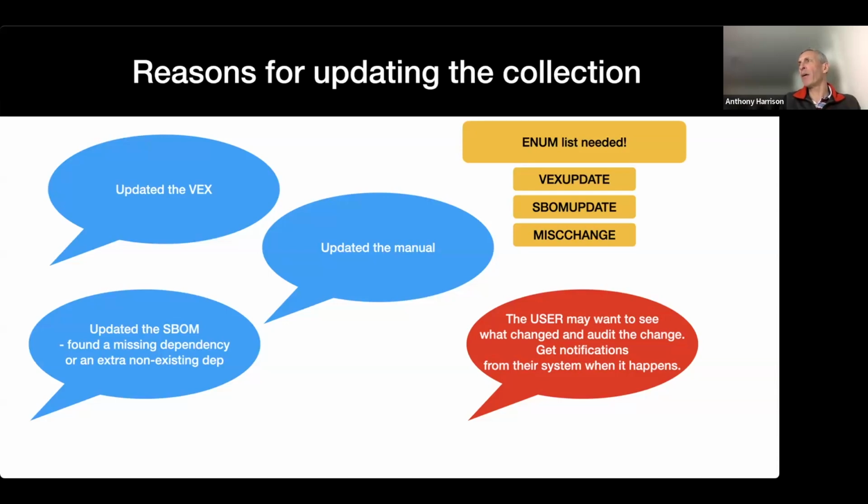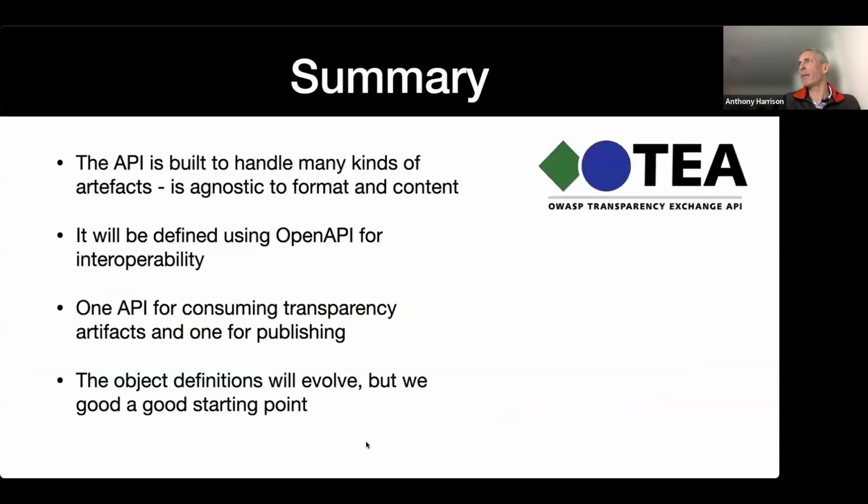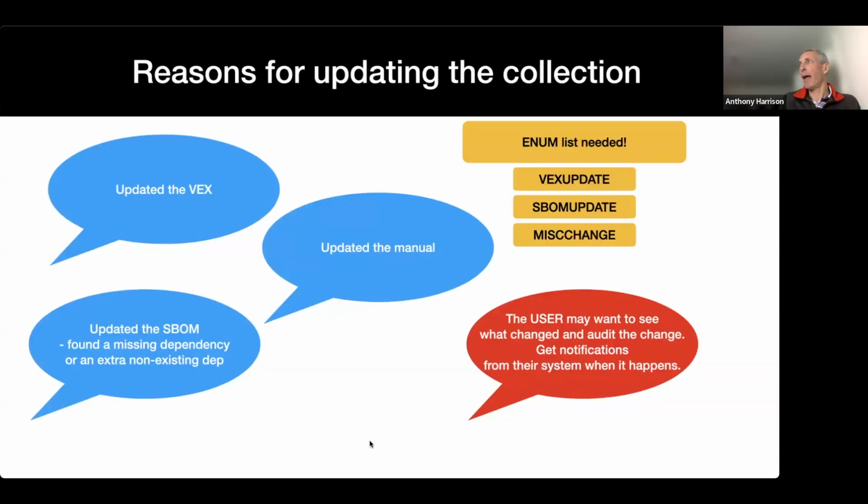But maybe there need to be others. As we get used to using the API, we need to start thinking about what those typical uses are. I think that's really going to come from the community, particularly looking at the use cases that Olle explained in the opening, and then thinking about what those uses might be.